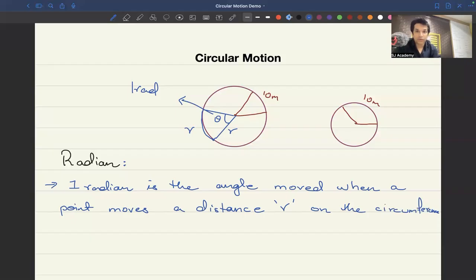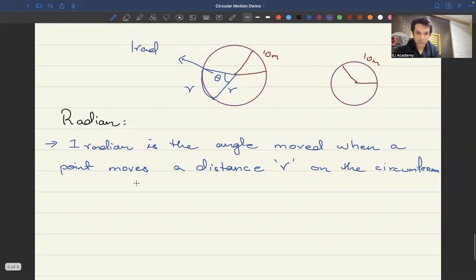Now, if you have done your A-level maths, then you will know that 1 radian is equal to 57.3 degrees. And now we can form many different angles. So 180 degrees, if you do basic maths, 180 divided by 57.3, comes out to somewhere equal to 3.142, which is equal to pi radians.